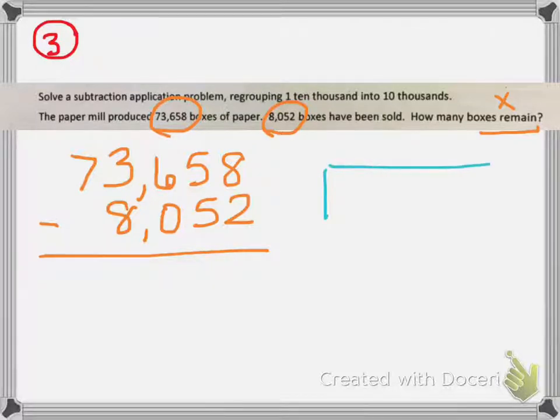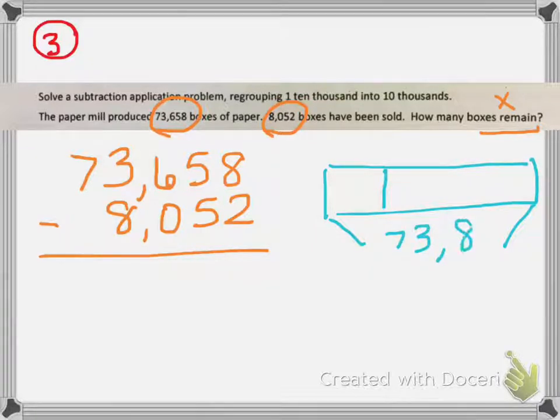Here's our tape diagram. This is our whole. Oops, sorry, made a mistake. I'm going to erase that. 73,658 is the whole. We're finding this missing part, and this number is our 8,052.